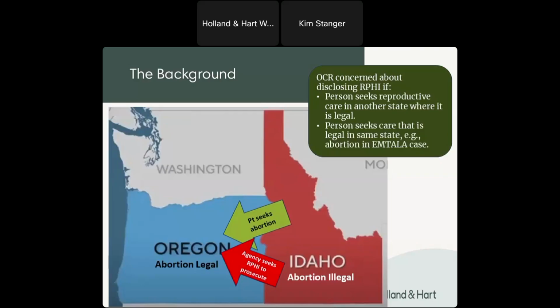To understand this reproductive rights rule, or this reproductive health rule, you need to step back and understand the context. Remember, after the Dobbs case came down and they did away with Roe v.